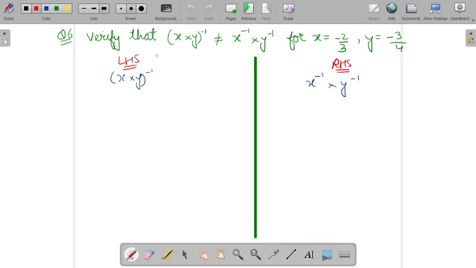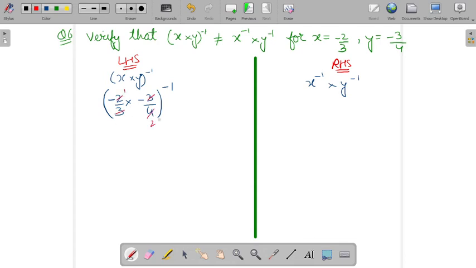In question number 6, again the same, but the symbol is multiplication. Now let's proceed with the LHS. (X multiply y) inverse. So x value minus 2 by 3, multiply y, minus 3 by 4, and its whole inverse. So how will you solve it? You will solve the bracket first. Since it is in the multiplication sign, we can cancel.